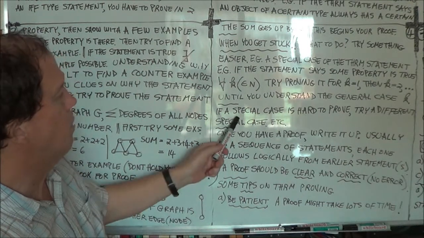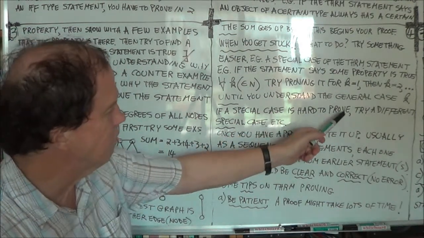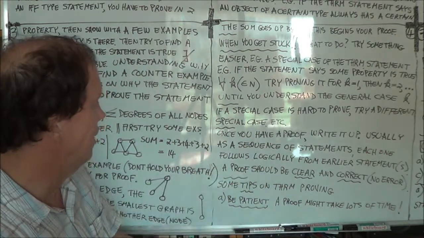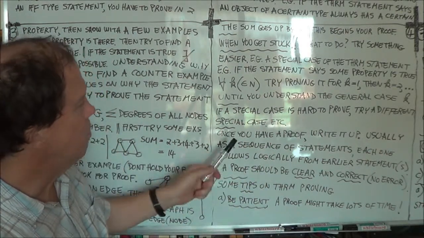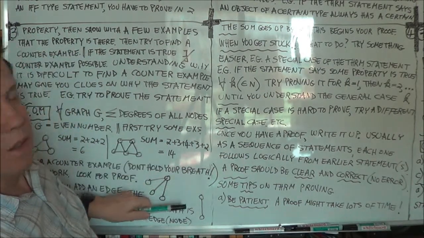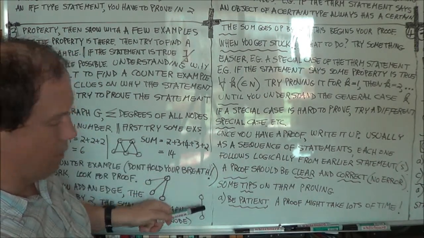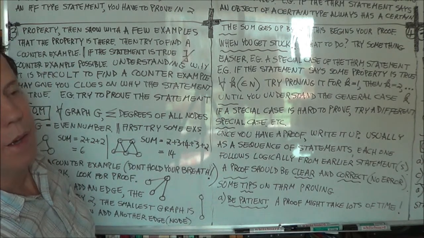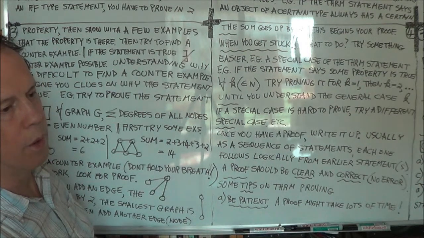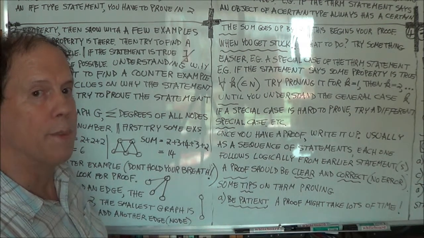Okay, so if a special case that you choose doesn't work, and is hard to prove, well, try a different special case, and so on. Okay, now assuming you have found a proof, like here, your essential idea was every time you add an edge, the sum of your degrees goes up by 2.